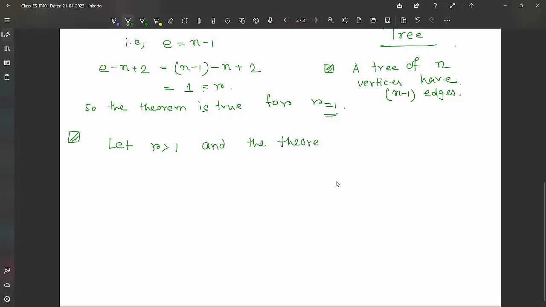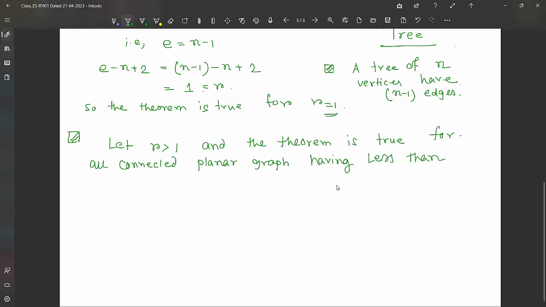The theorem is true for all connected planar graphs having less than R regions.